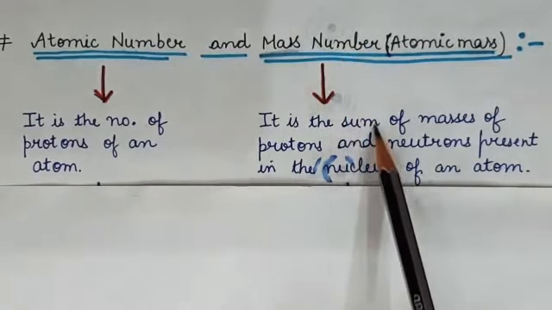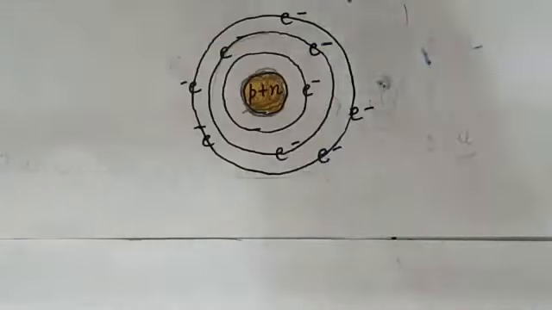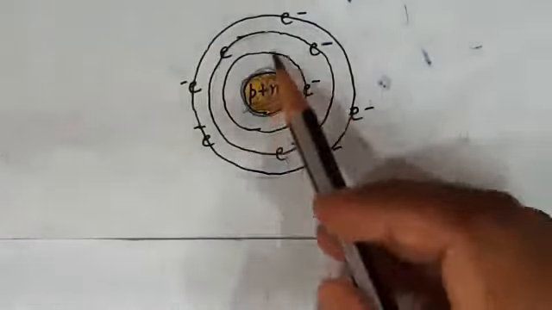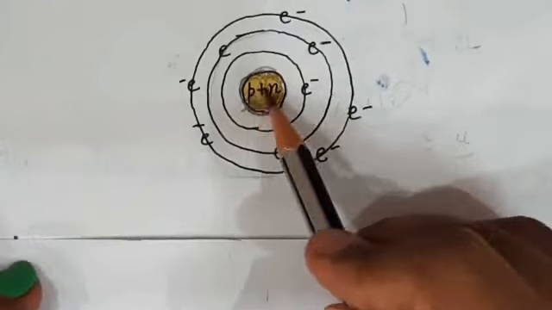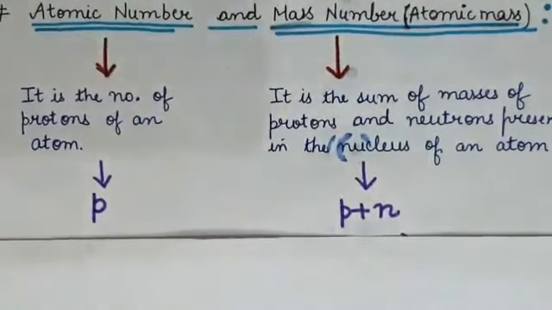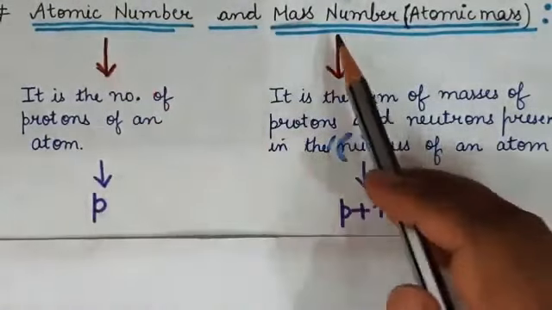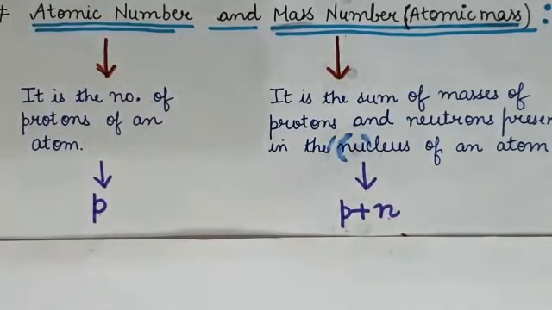Mass number is the sum of protons and neutrons inside the nucleus. That I told you before also. Inside the nucleus, protons and neutrons are present. So sum of protons and neutrons, that is mass number or atomic mass. So atomic number is the number of protons. Mass number is the sum of protons and neutrons.